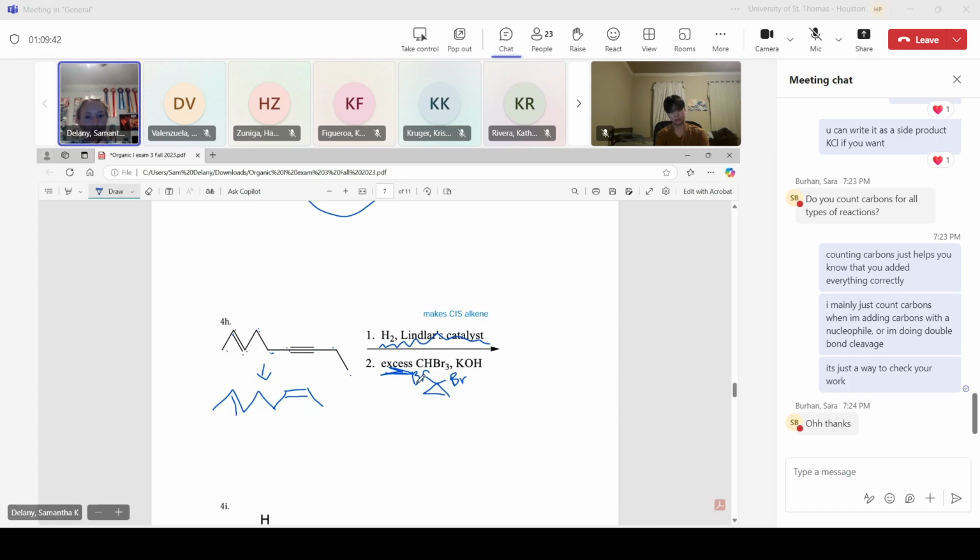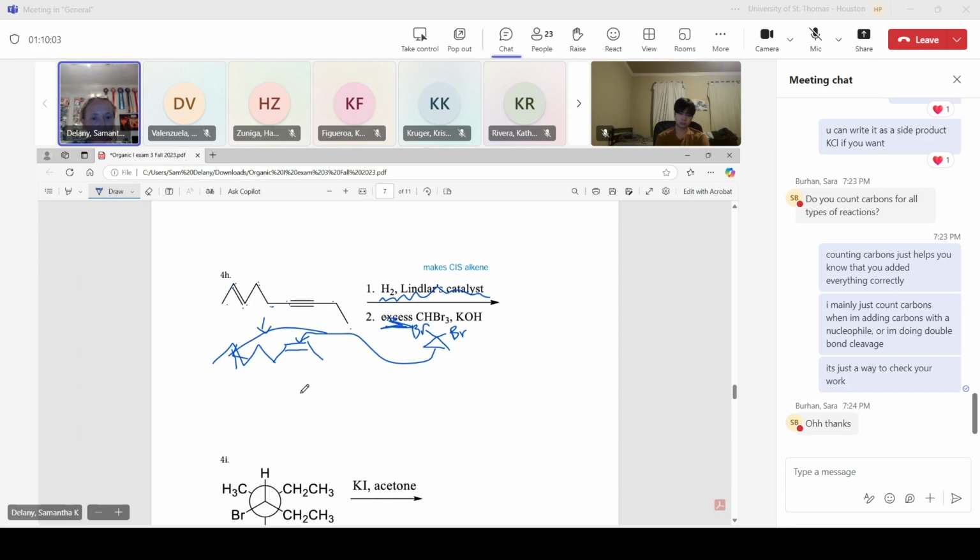Well, now we can easily see that we're going to be adding with this excess, both here and here. We have 2 options of where it could go. So to give me a little more space, I'm going to erase this. Just put it up here. So we just have to be careful. I'm going to start with the cis portion first.